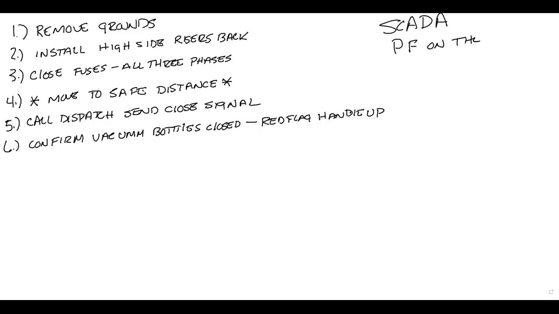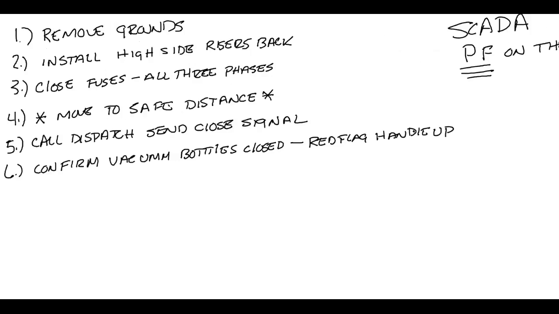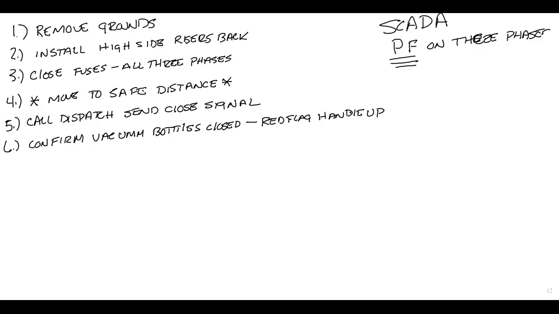So they're actually monitoring the station when that bank closed. And if they see a power factor change on all 3 phases, that means all 3 phases closed in. So that's kind of like double confirmation. That's not added as a step, but that is added as information for you guys. Okay, so confirm vacuum bottles closed, red flag, handle up.